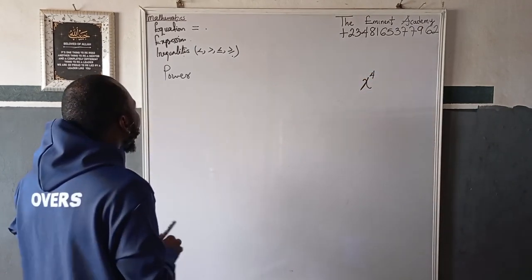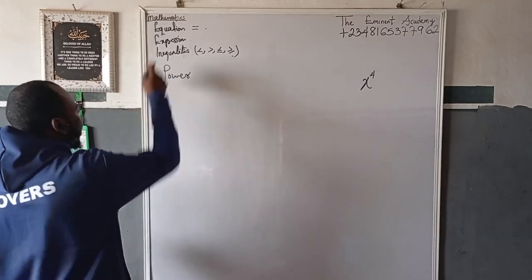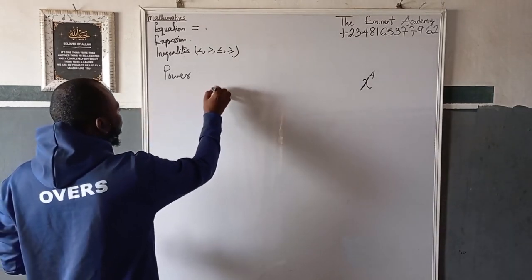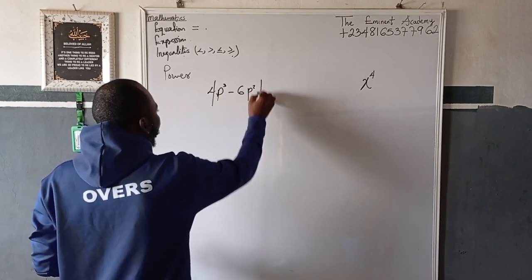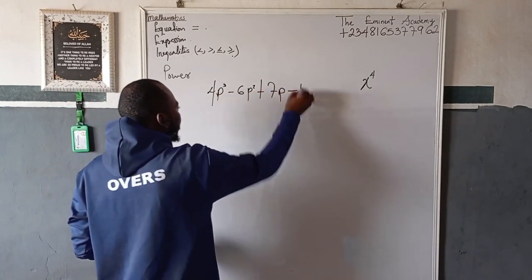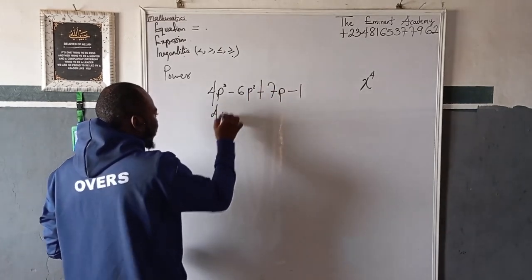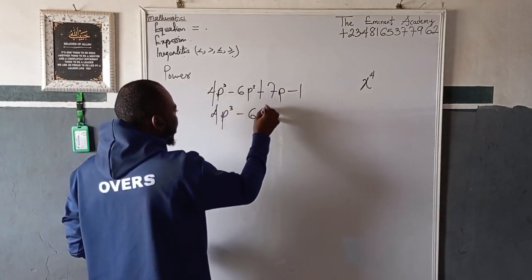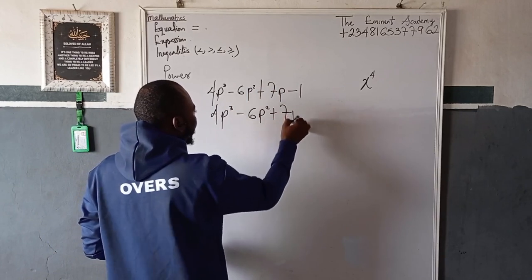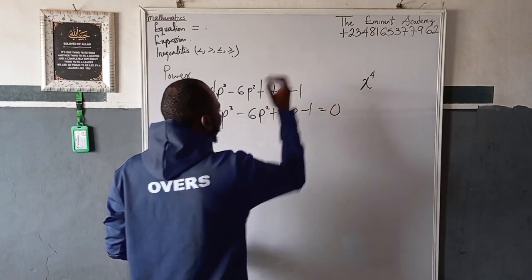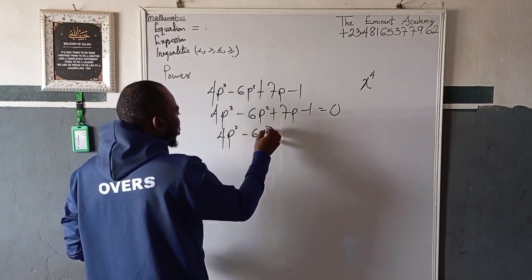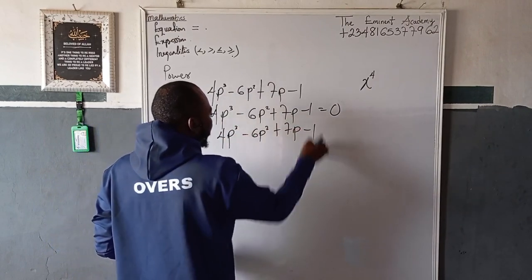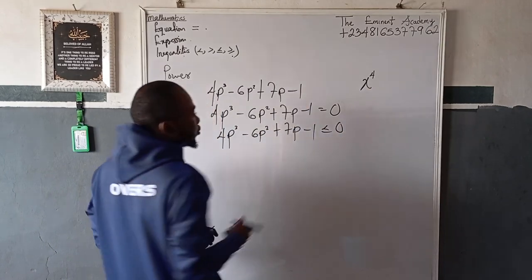Now, if we have any of these things, let me talk about this: 4p cubed minus 6p squared plus 7p minus 1. I have 4p cubed minus 6p squared plus 7p minus 1 equals 0. I have 4p cubed minus 6p squared plus 7p minus 1 less than or equal to 0.